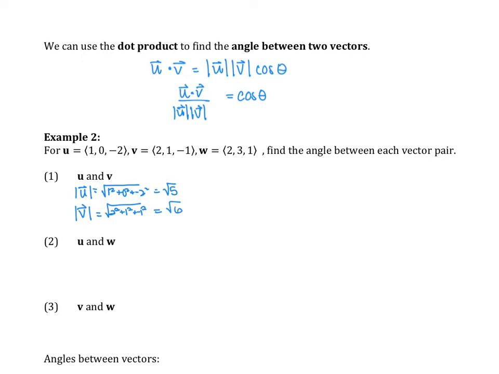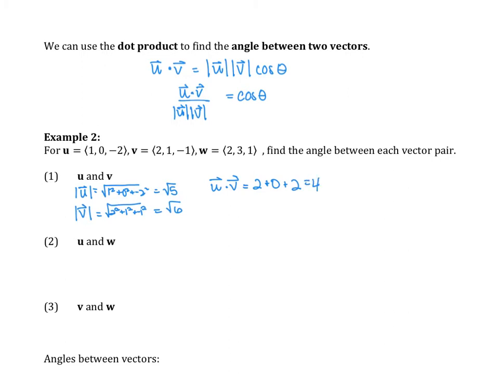All right, but then I need to do the dot product between u and v. So u dot v is 1 times 2 plus 0 times 1 plus negative 2 times negative 1. And so my dot product is 4.